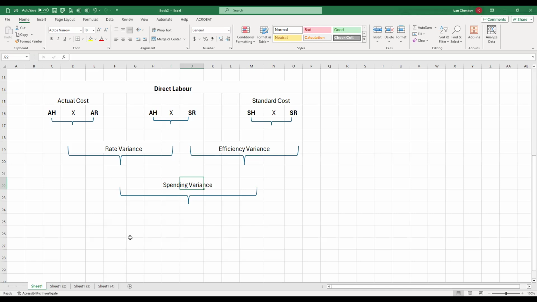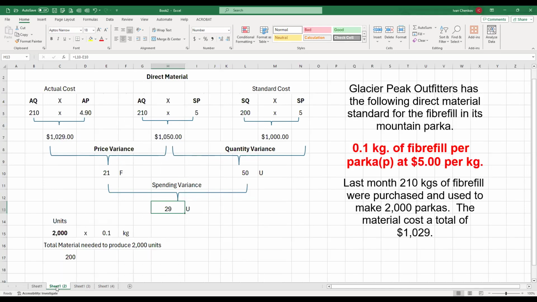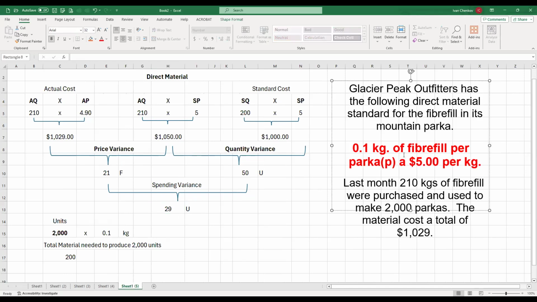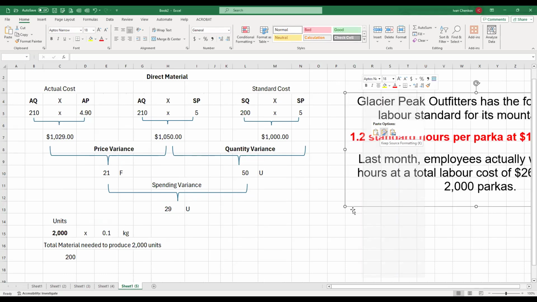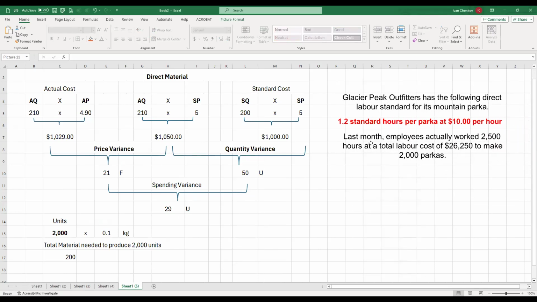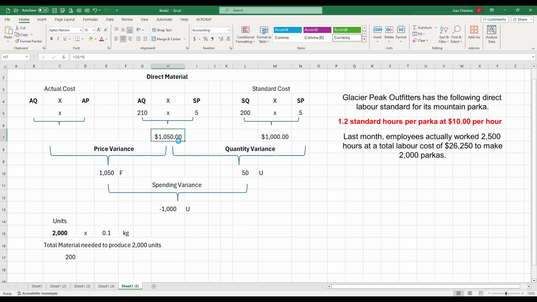Those are the adjustments that we have to do in order to start calculating direct labor. So I'm gonna use this worksheet. I'm gonna flip it here and get the question. First, let me get rid of this one. I'm gonna copy the question from the slides again, and come back to the Excel spreadsheet. Okay, let's delete this, delete this, delete this.